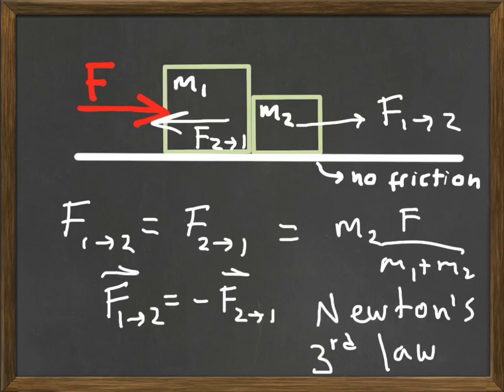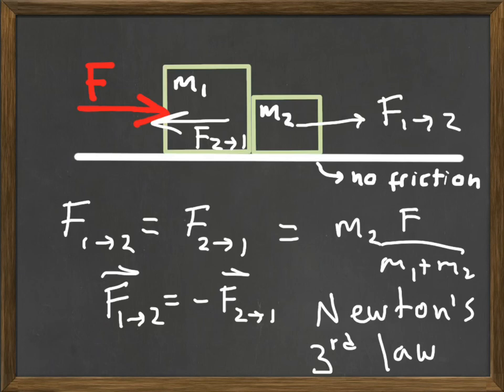But what we can say then is that in vector notation, considering those vectors, F1 on 2 and F2 on 1, those vectors are equal but opposite. So F1 on 2 is equal to minus F2 on 1. This doesn't tell us which force is positive or negative, it just says that the forces are pointing in opposite directions.